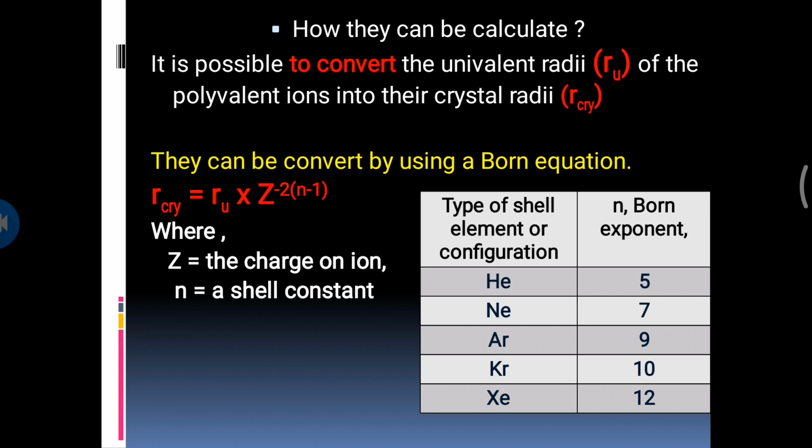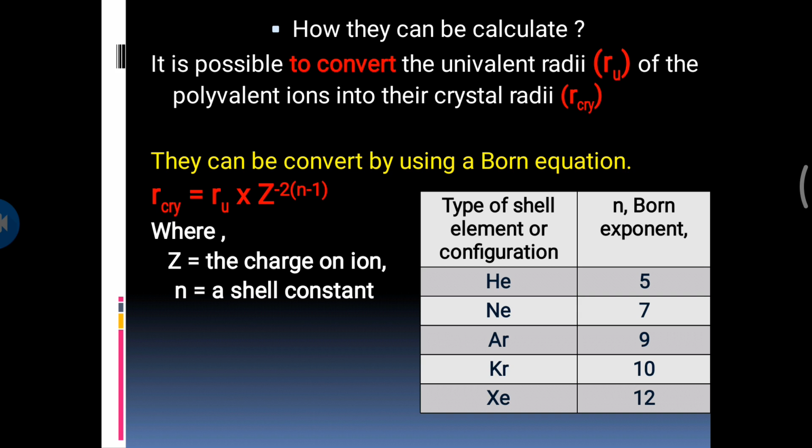So that's why we need to understand the Born equation. Crystal radii we can calculate by using the Born equation. What is the Born equation? The Born equation is: crystal radii is equal to univalent radii into Z square minus 2 into n minus 1.